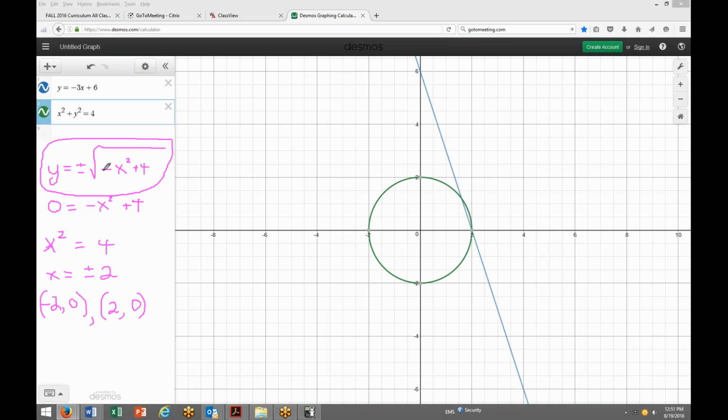Well, 0 squared is 0, and negative 0 is 0, and 0 plus 4 is just 4. Plus or minus the square root of 4, well, we know the square root of 4 is 2, so then we get that y equals plus or minus 2 also, meaning that there are, similarly, just as there were two x-intercepts, there are also two y-intercepts.